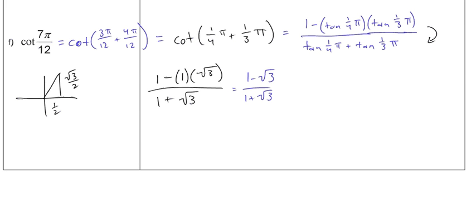And same drill right here, multiply by the conjugate. So 1 minus the square root of 3 over 1 minus the square root of 3.